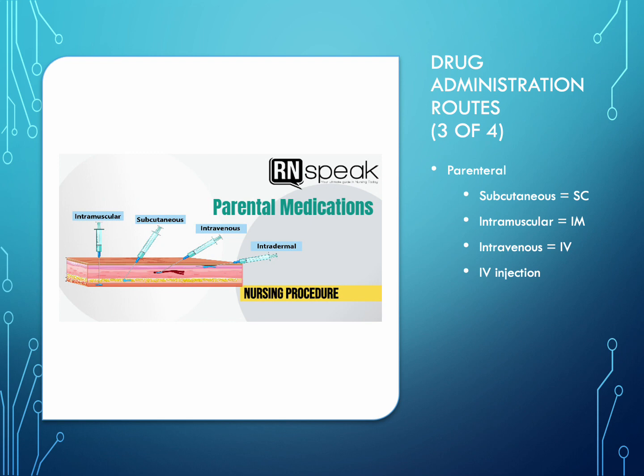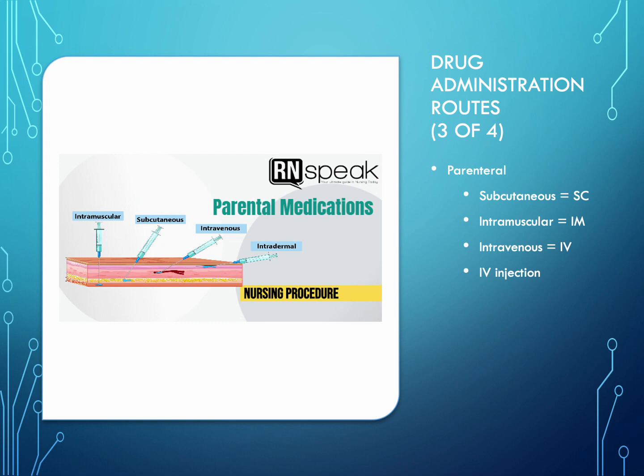So we're going to talk about the more common ones first, which are subcutaneous, abbreviated SC, intramuscular, abbreviated IM, intravenous, which is IV, and IV injection. Of these, the most common one used to administer medications in surgery is going to be IV injection.